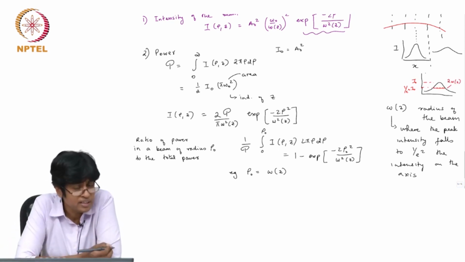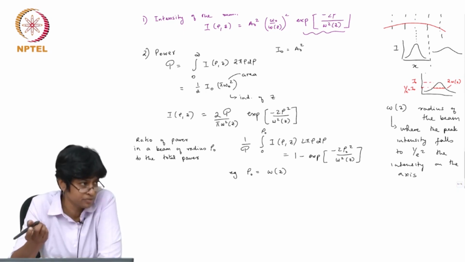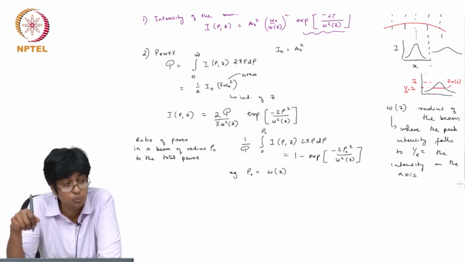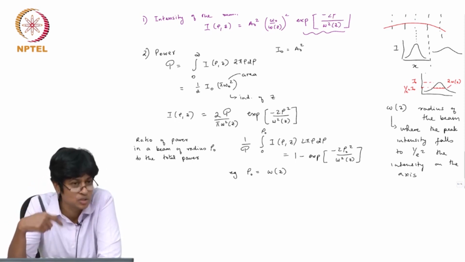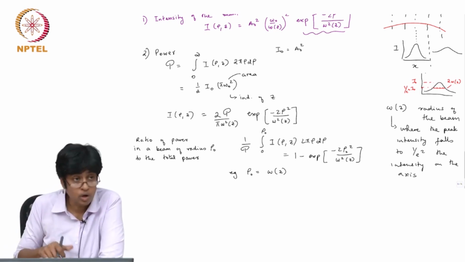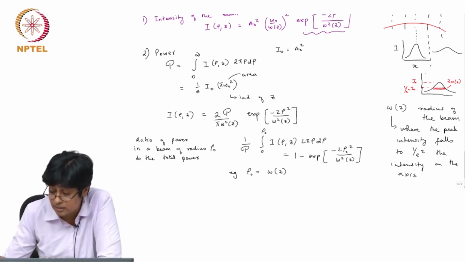There are different definitions of radius. I could say take the radius at I naught by 2. That is also a definition of radius. But in a Gaussian beam, omega of z refers to where it has fallen to 1 by e squared. So let's say I choose the radius to be this size.